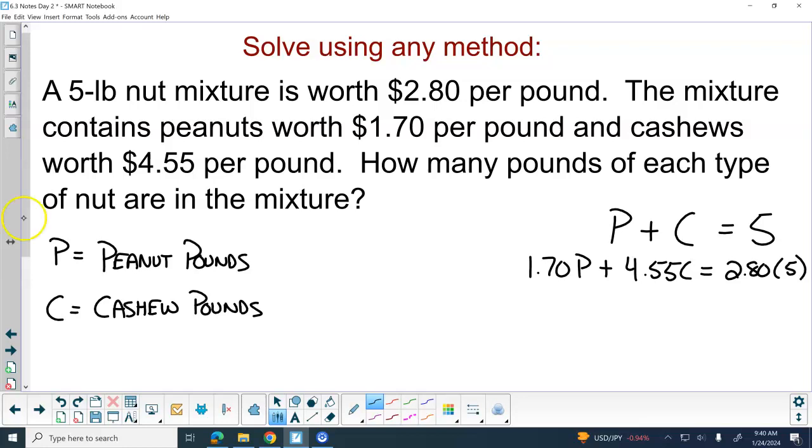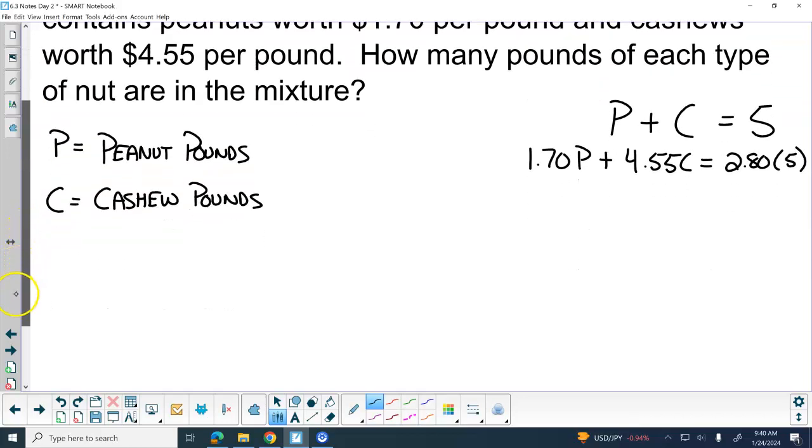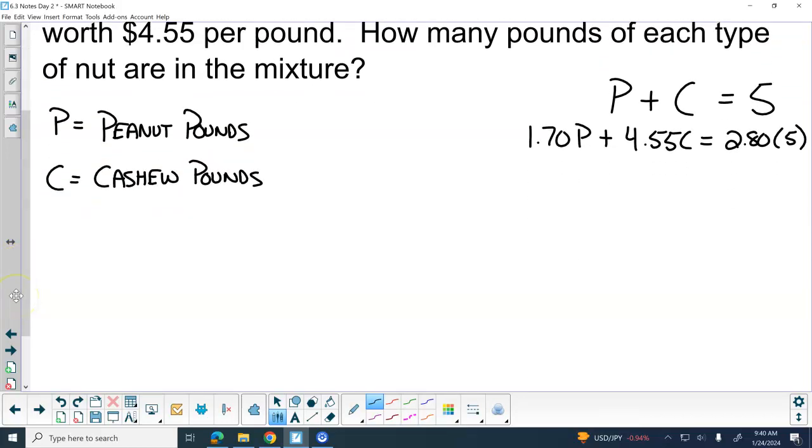So looking at this now, which variable, P or C, do you want to eliminate? Does it matter? No. So let's eliminate P, smaller numbers. If I'm going to eliminate P, that means I'm going to multiply my top equation by negative 1.70.